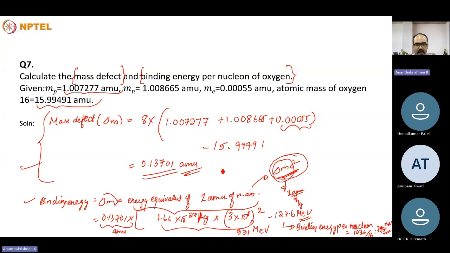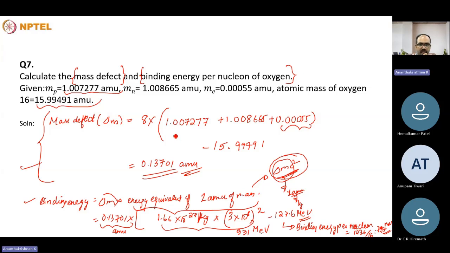So basically what we have done is calculate the mass defect used to bind the protons, neutrons, and electrons into an oxygen-16 atom.